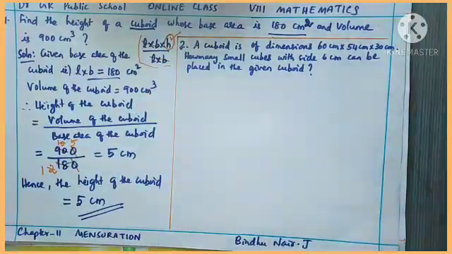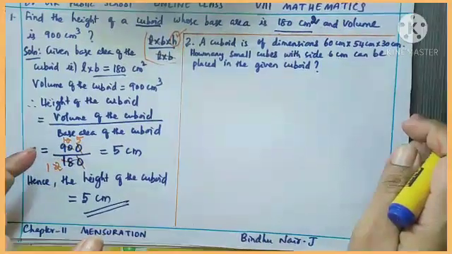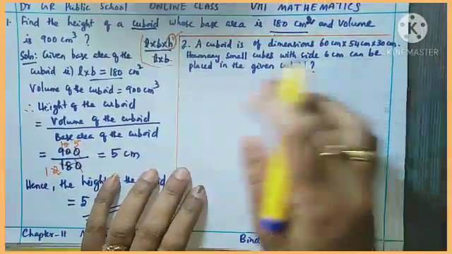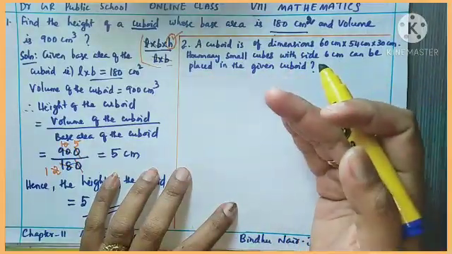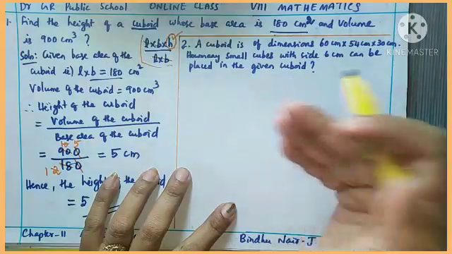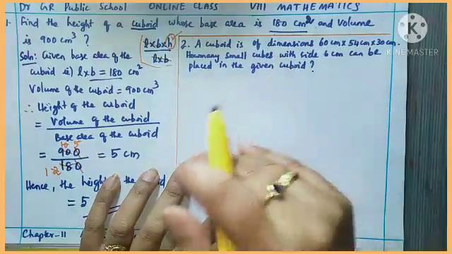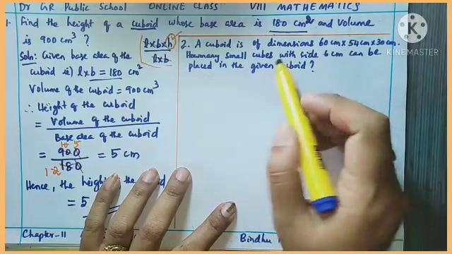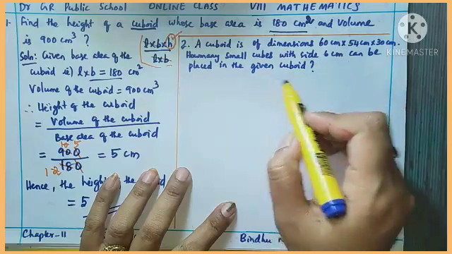Now, if you want to find out how many small cubes can be placed in the given cuboid, what we want to do actually? Yes, when we are going to find the number of how many items, usually we are doing the division process. Okay, so here the thing is direct question. We want to divide volume of cuboid by volume of cube.